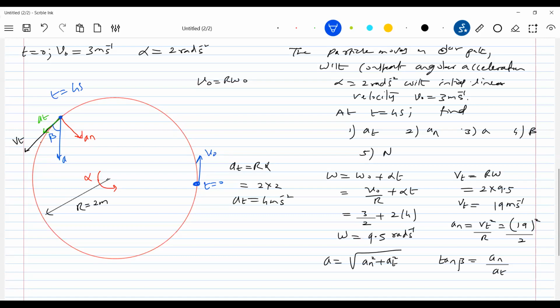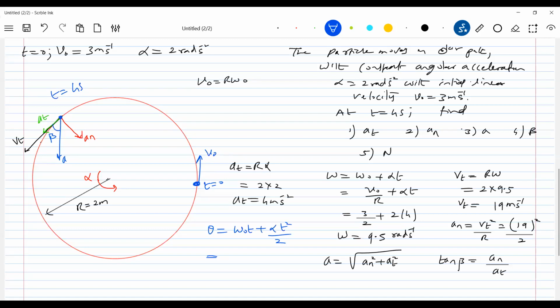Now let's go for the number of revolutions. What to do for the number of revolutions? We should calculate theta first. Theta is equal to omega naught t plus alpha t square by 2. Let me substitute all the values.